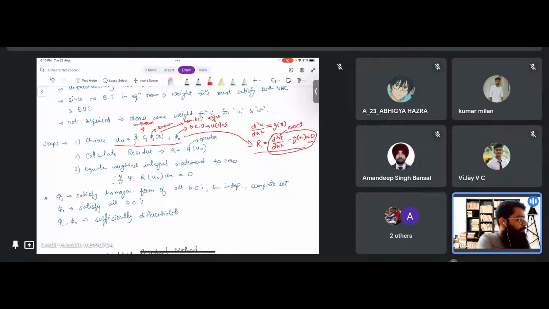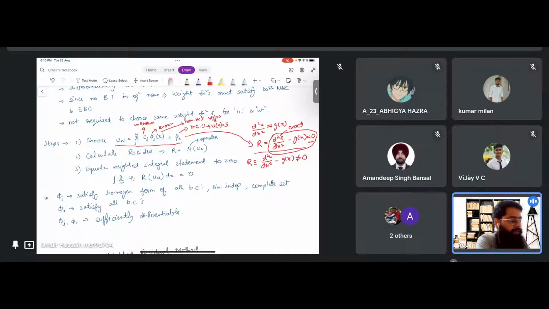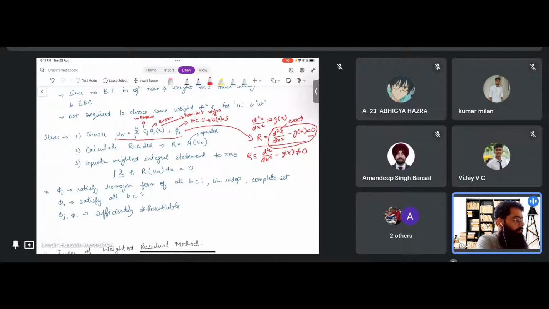We are substituting an approximation, so whatever comes out would definitely not be equal to 0. So we call it the residual. That is the error, basically.